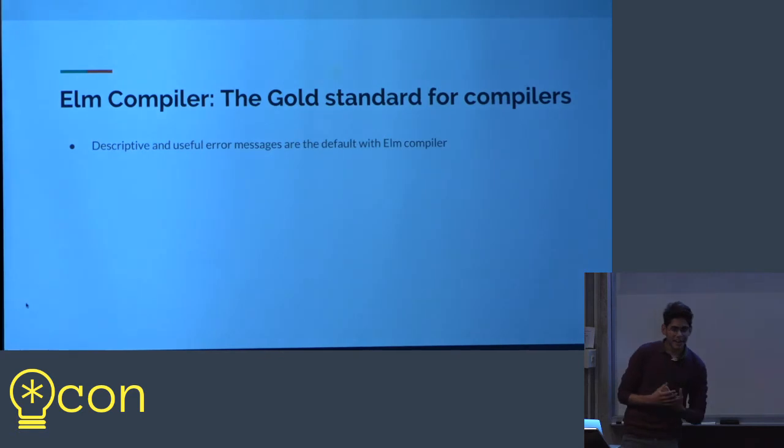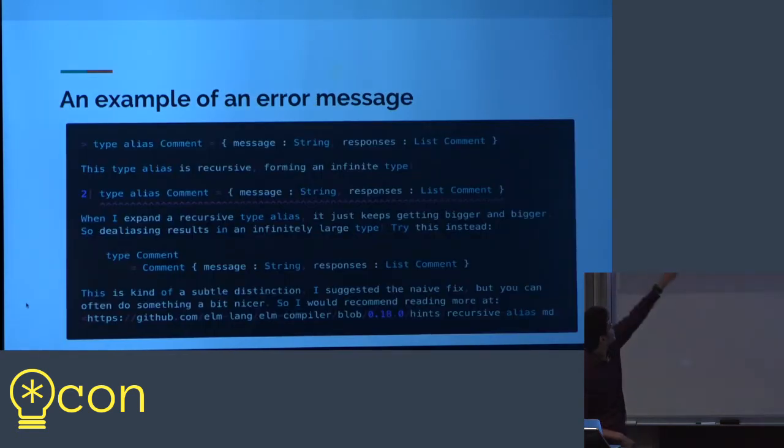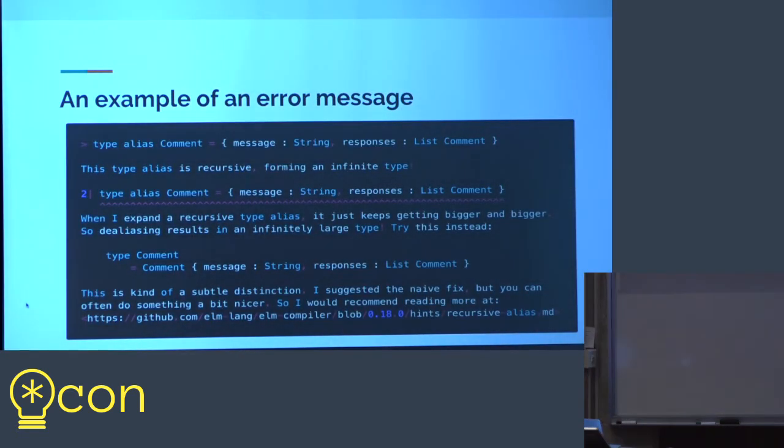Functional programming and static typing can be quite painful without a good compiler. And that's where the Elm compiler comes in. In my experience, it's the gold standard for compilers. The error messages are always descriptive, and they're always super useful. Just as an example, look at this error message. I had tears of joy when I first saw this.